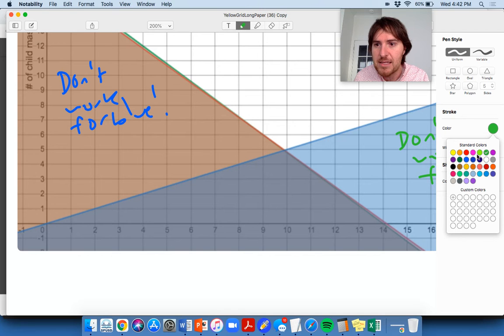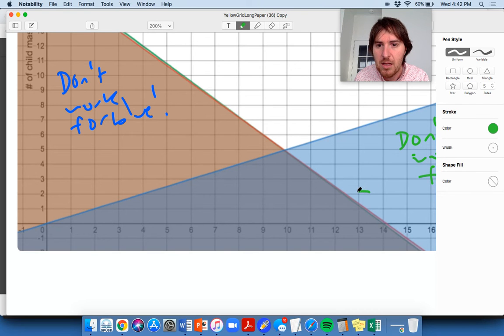And like this, okay, so this little sliver right here doesn't work for green, right? We don't have enough elastic to make that many out here. These are just decimals. In the context of the problem, it doesn't really matter between the amount of fabric you have and the amount of elastic you have.